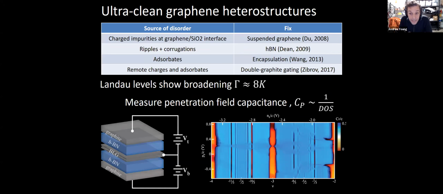The key enabling technologies for us have been this march over the last decade or so towards cleaner and cleaner samples, and in particular, the removal of what has become clear, although I think it's been clear already for many years, that graphene itself is just a fantastic material.